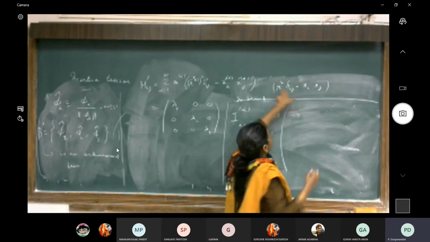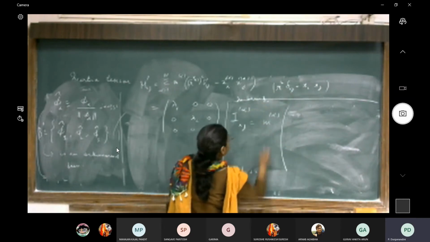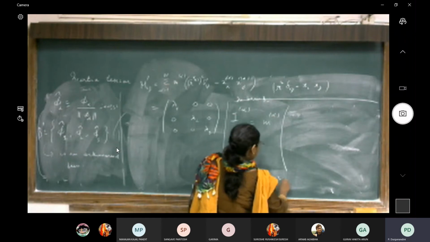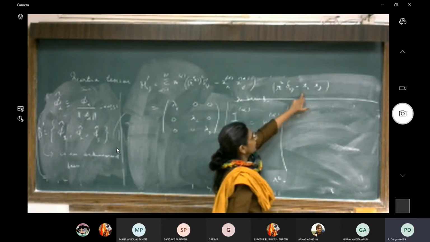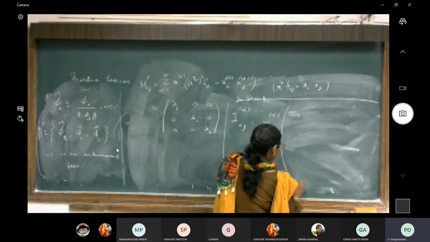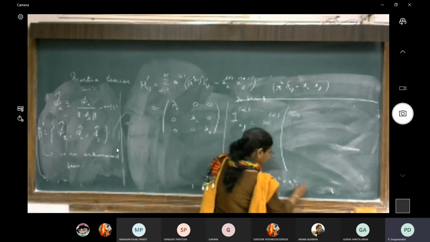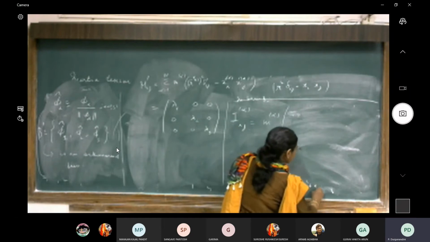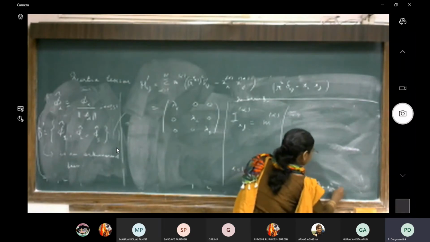Fine. So if I take i equal to 1, j equal to 1, I'm going to get from this element r square. And then, because delta 1, 1 is 1, I'm going to get minus of x1 square. So what will that be? This is going to be x1 square plus x2 square plus x3 square minus x1 square.